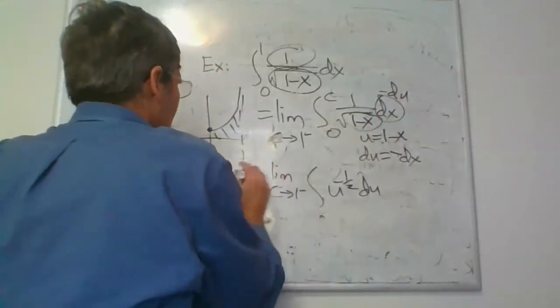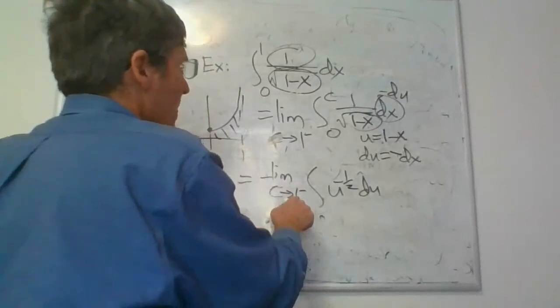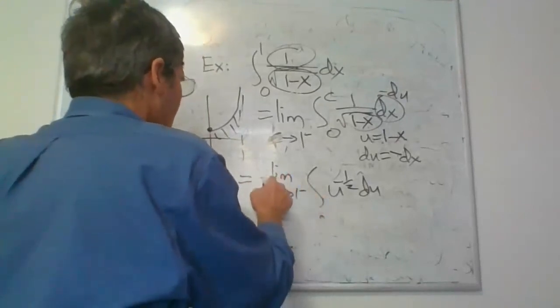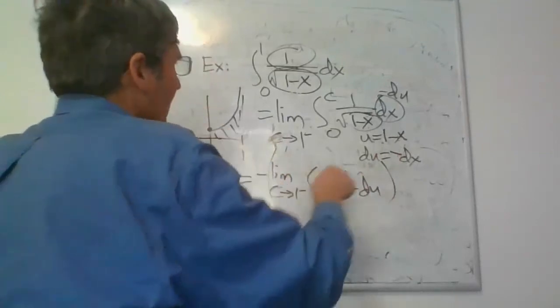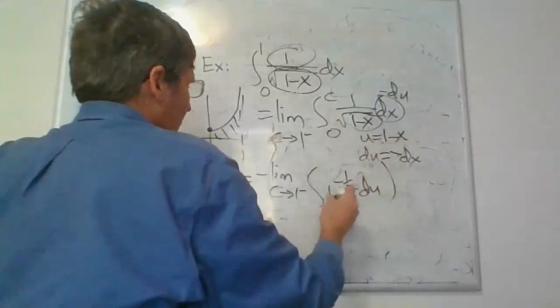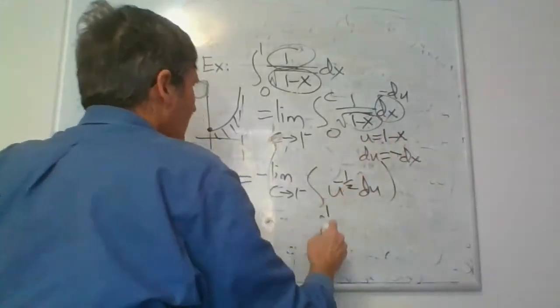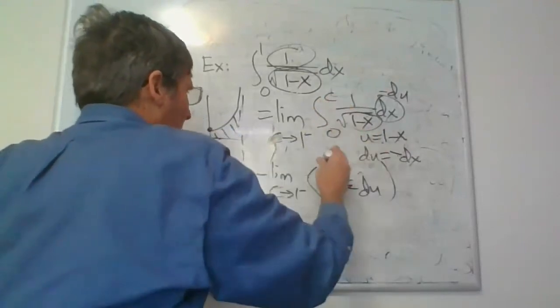And now I've got minus the limit as c goes to 1 from the left of the integral. And now when x equals 0, u is 1 minus 0, which is 1. When x equals c, u is 1 minus c.